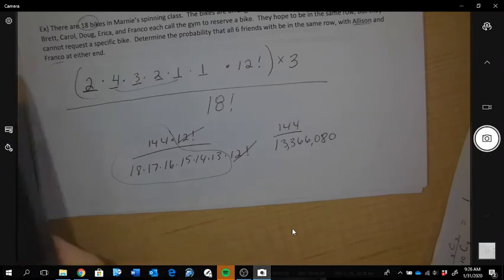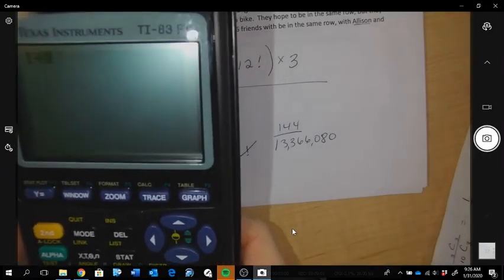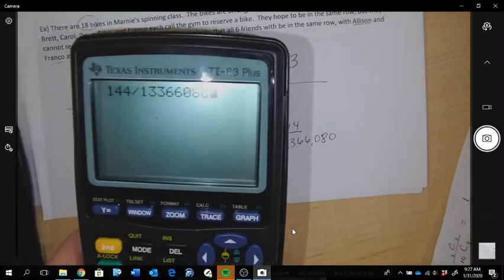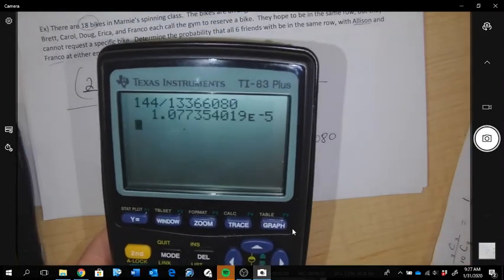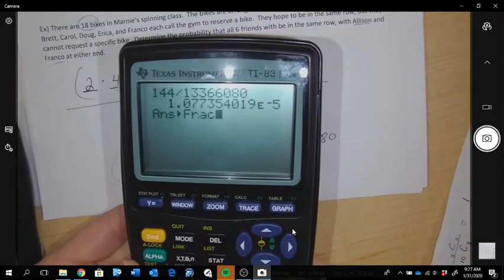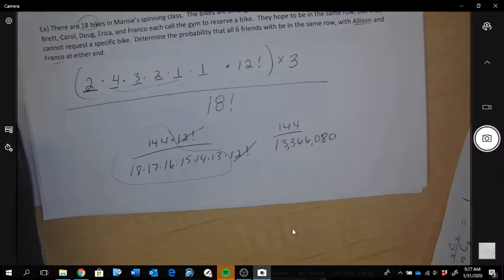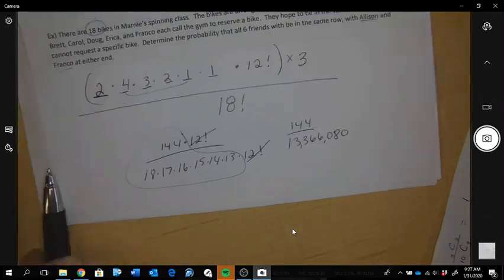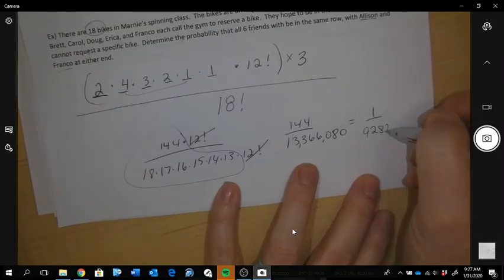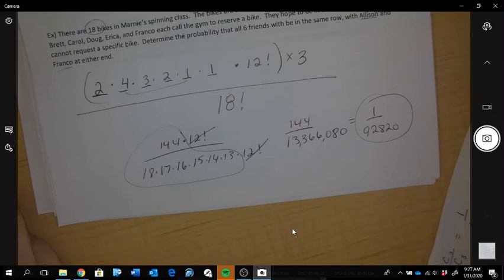Okay, and remember that your calculator reduces fractions for you. Okay, so if I do that, obviously I know it's a really small decimal. Math fraction. Oh, it didn't turn it into a fraction for me. Well, I think that it does reduce. So a very, very small probability that that will happen.